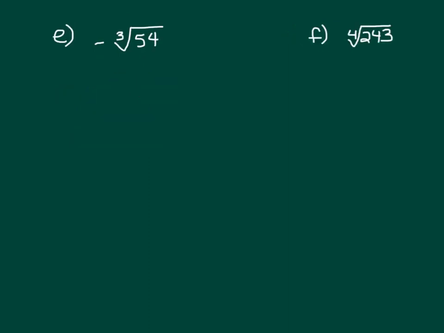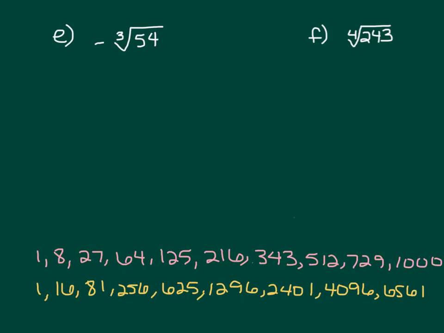Okay, for E and F, you'll want to look at your list of perfect cubes and perfect fourths. So on E, the cube root of 54. Looking at my list of cubes, I can see that it's divisible by 27.